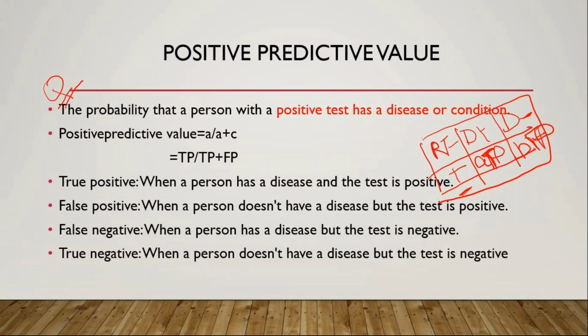If the disease is present but risk factor is absent, write C, that is false negative. And if the disease is also not there, risk factor is also not there, then write D, that is true negative. And positive predictive value is horizontal, that is A upon A plus B. I hope positive predictive value is clear to all.